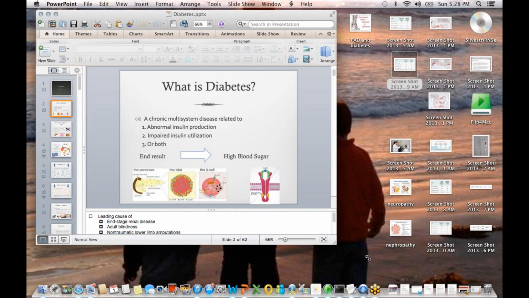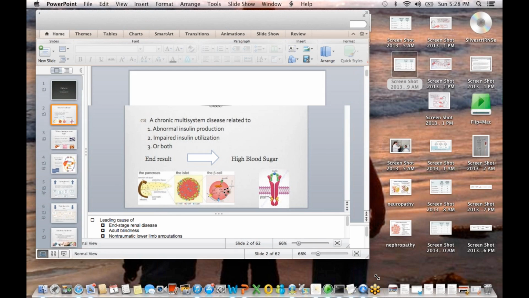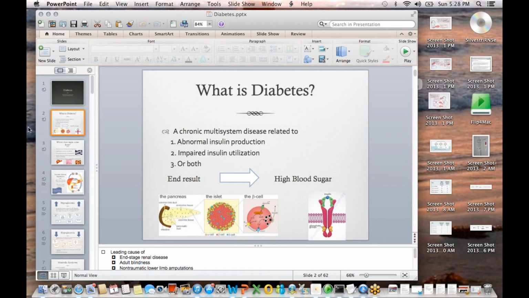So any questions about electrolyte imbalances? You want to make sure, again, you understand your normal values, signs and symptoms, and how to treat it. So let's try a quick review of diabetes for this one.